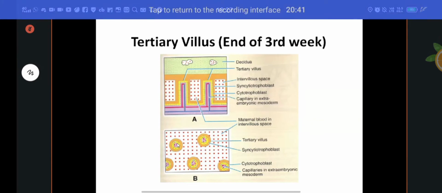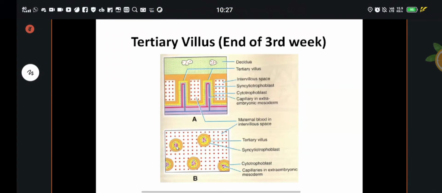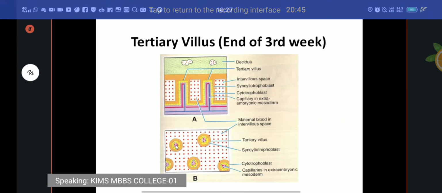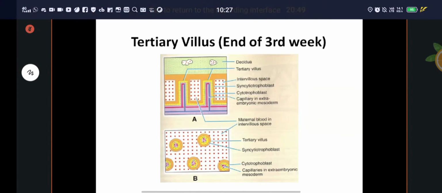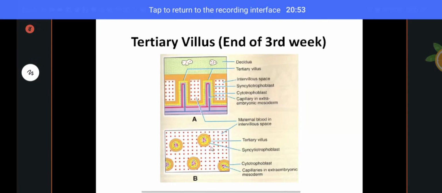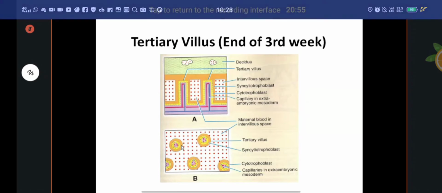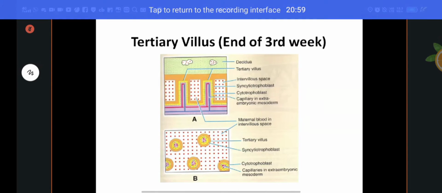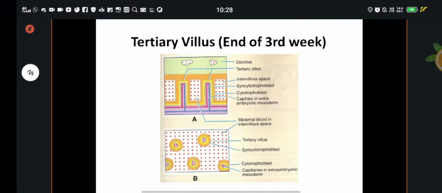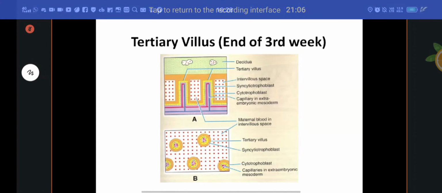The innermost layer is the capillaries which developed in the extra embryonic mesoderm. Next is the extra embryonic mesoderm. Next is the cytotrophoblast cells. And finally, the outermost layer is the syncytiotrophoblast cells. This stage of development is called tertiary villus. It is seen by the end of the third week of development.